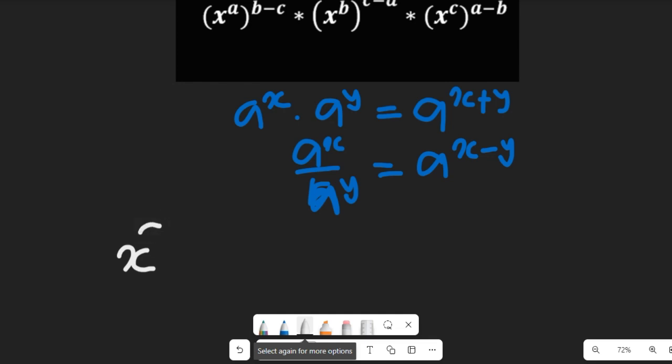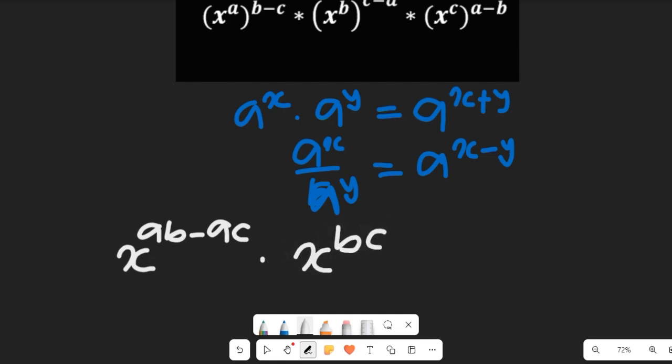That will give me x to the power of ab minus ac, right? And this will be multiplying x to the power of bc minus ba, right? And this will be multiplying x to the power of ca minus cb.